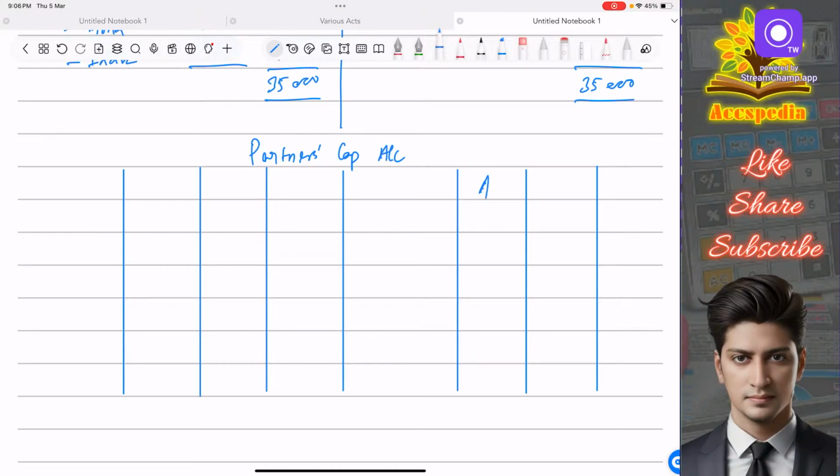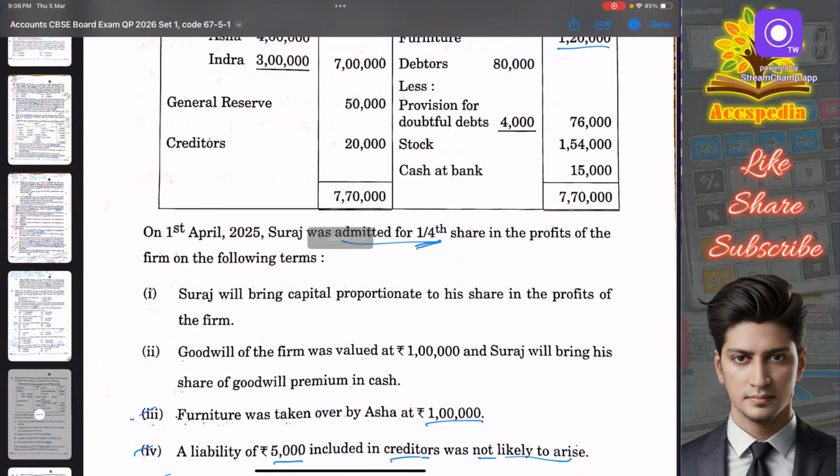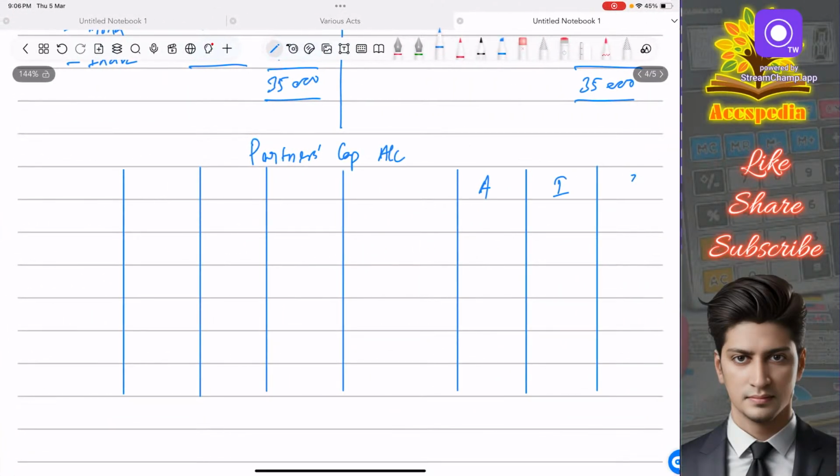I'll write short. Asha, Indra, Suraj. Suraj, Indra, Asha. So first you have to write there the old partners balance brought down.